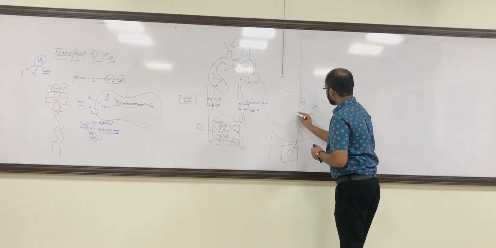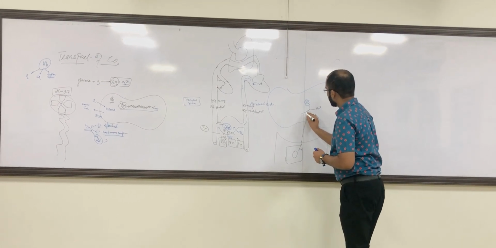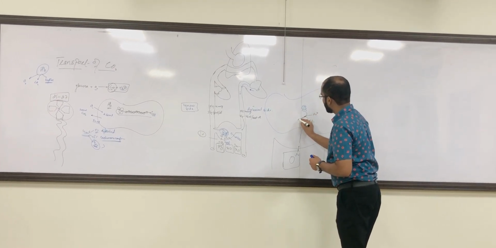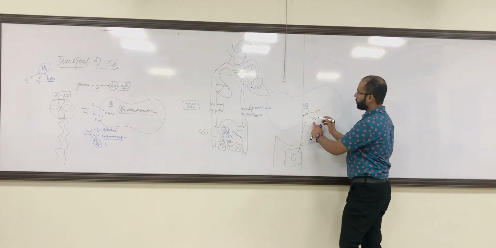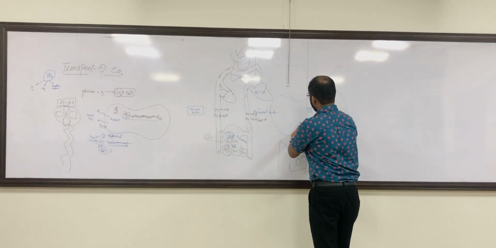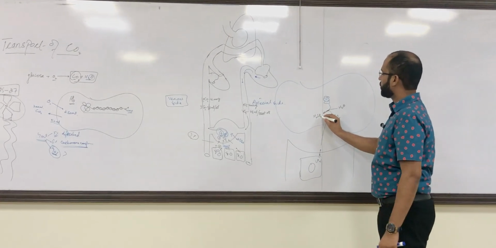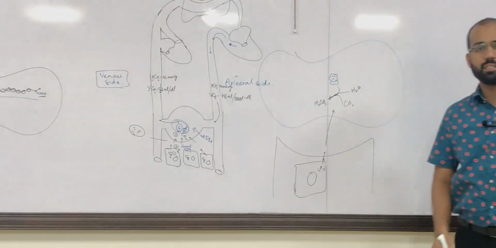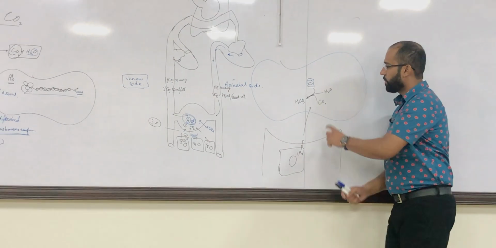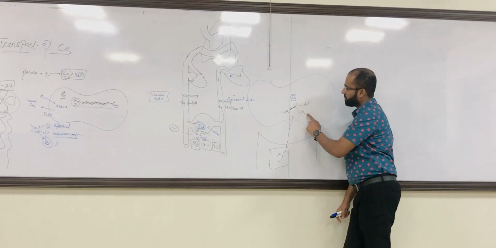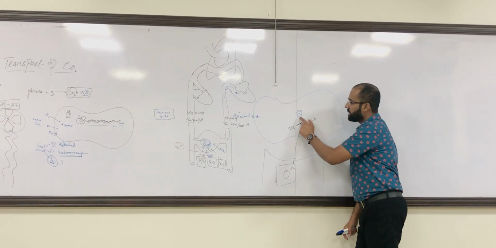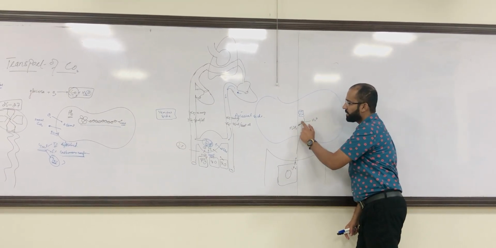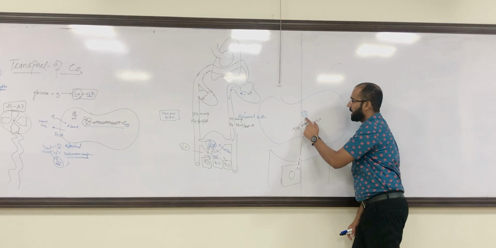So this enzyme assists the chemical reaction and converts the carbon dioxide and water molecule into an intermediate, H2CO3, which is carbonic acid. Because this enzyme produces carbonic acid, it should be carbonic anhydrase.